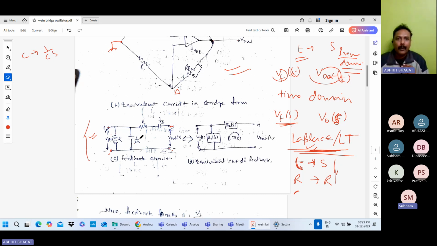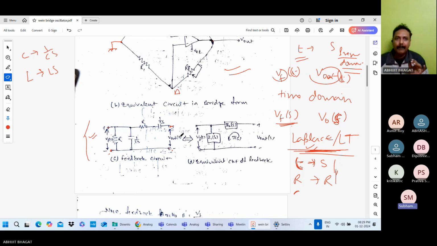So your capacitor is 1 by Cs. If there is an inductor, in the time domain it is L, and in the frequency domain, it is Ls. Just these few changes are what I need, I won't need more Laplace than this.